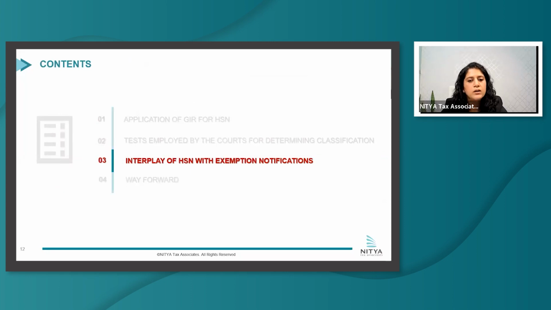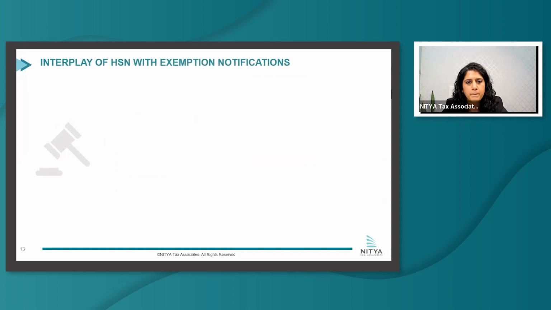Now we come to the third part of our webinar. Here I will deal with the interplay of HSN with exemption notifications. As you must be aware, our HSN classification is based on the Harmonized System of Nomenclature that has been laid down by the WCO and to which India is also signatory.